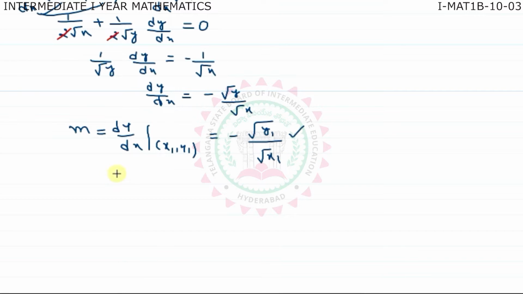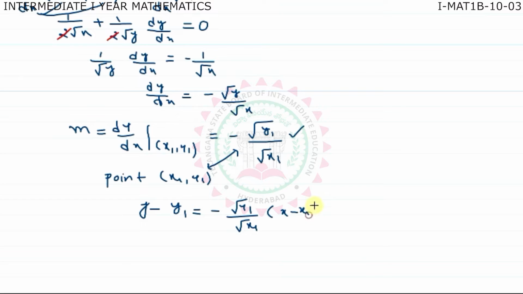So m is there, and the point (x1, y1) is already given. So when the point and slope are given, substitute in the equation of the tangent: y minus y1 is equal to minus root y1 divided by root x1 into x minus x1.